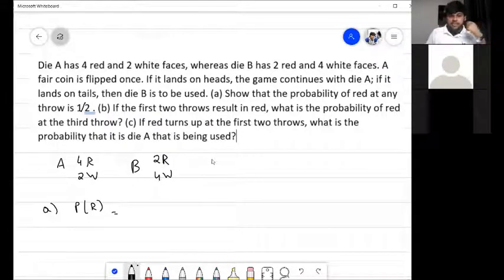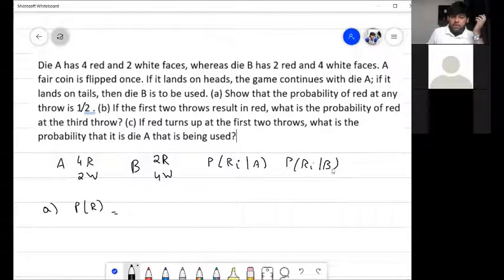So essentially what they're saying is, if my die A comes or B comes on the coin toss, then what's the probability of you getting a red? So I can divide this as Ri given A and Ri given B. What I mean by that is, regardless of the number of throws of the coin toss, right?